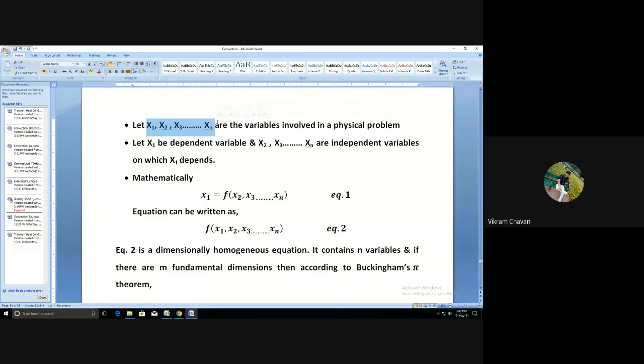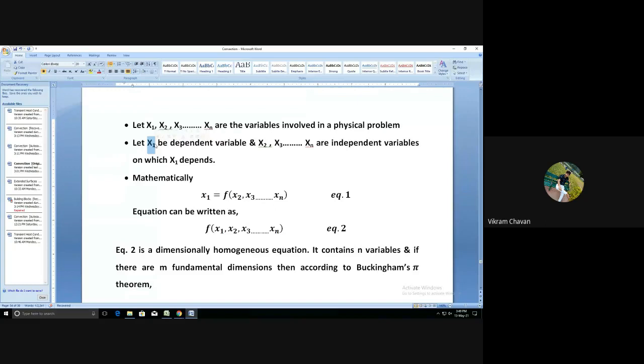Out of that we are going to consider that x1 is a dependent variable, which depends on other variables. As we have discussed in the equation force is equal to mass into acceleration, force is dependent on mass and acceleration.